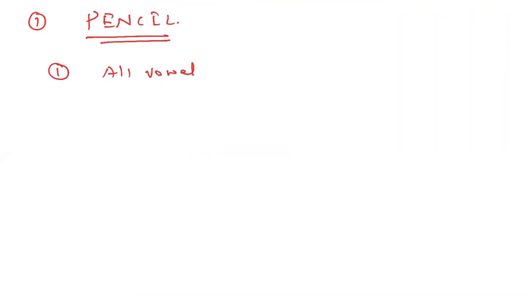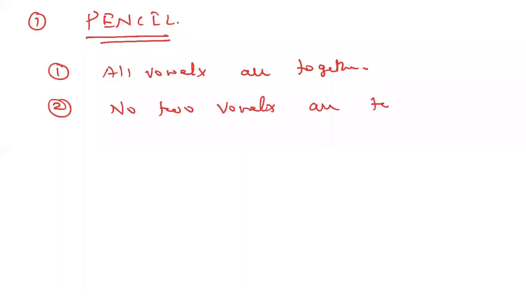Like if I'm saying we have to write down PENCIL. Case first, all the vowels in this case are together. Right? Second, no two vowels are together.